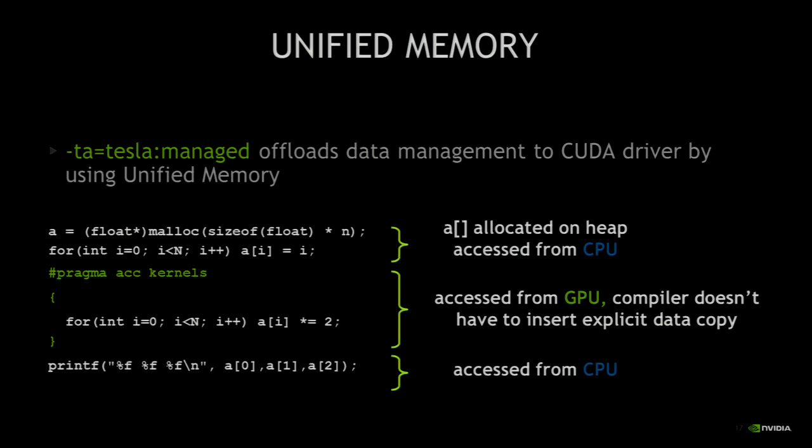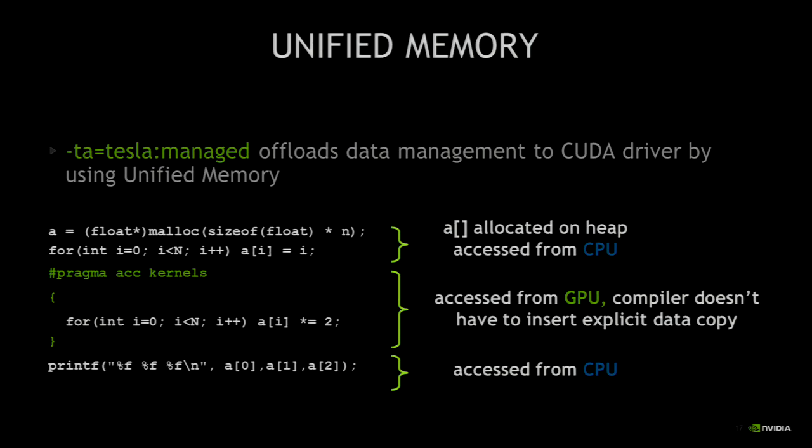So this is a simple example here. We allocate some data on the CPU using malloc. Then we have some loop that initializes the data on the CPU. And then we have some other loop that we want to port to the GPU, and we specify the kernels around that. Then we again access the data from the CPU to do something.